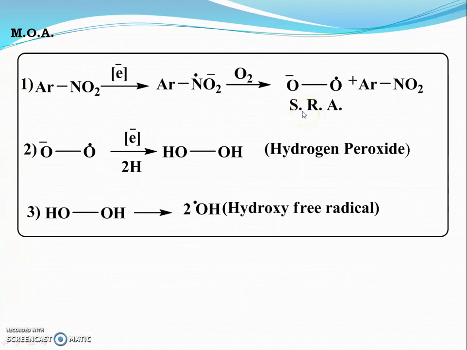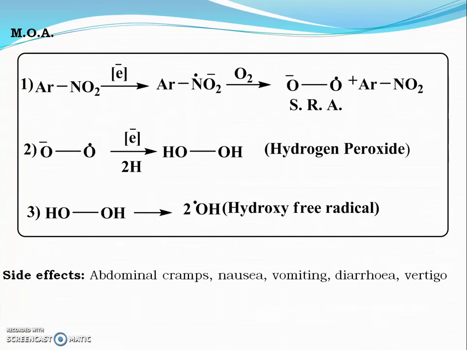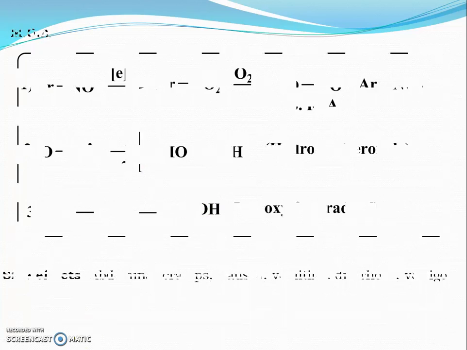These three, that is superoxide radical anion, hydrogen peroxide and hydroxyl free radical, are collectively known as reactive oxygen species, which inhibit the DNA synthesis and prevent the growth of amoeba. The side effects of all these agents are abdominal cramps, nausea, vomiting, diarrhea, vertigo.